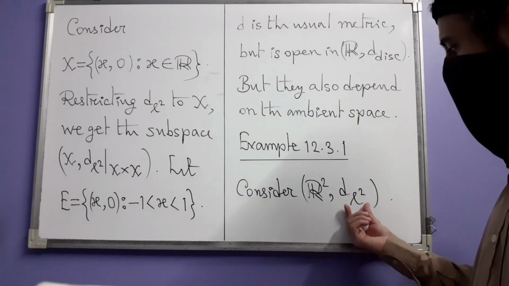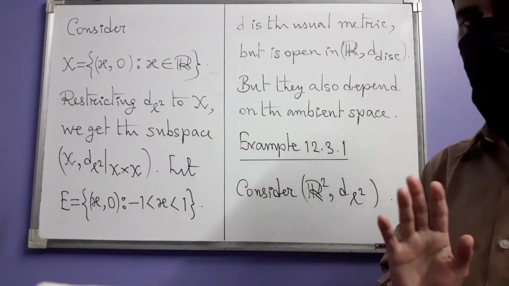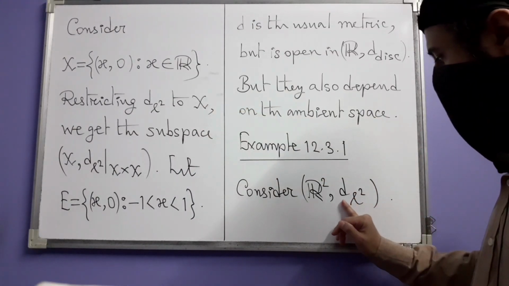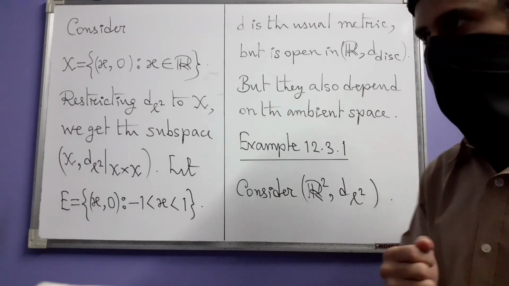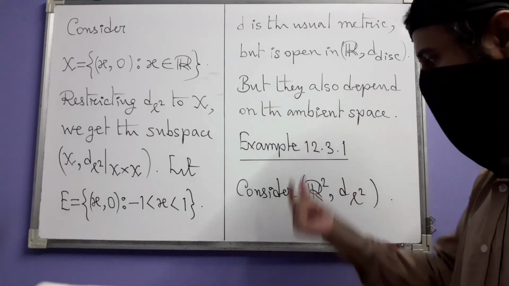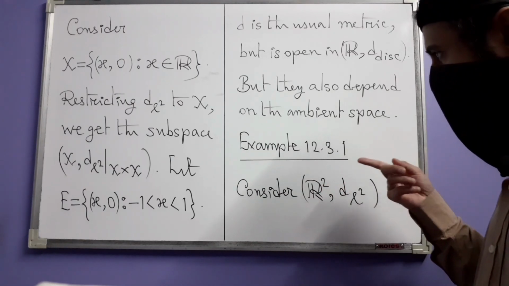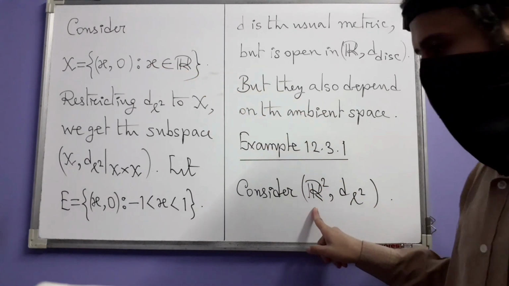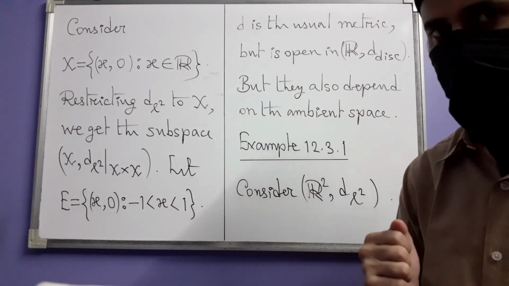Now you can of course restrict this metric to X. What does that mean? Originally the metric DL2 is a function whose domain is the Cartesian product R2 times R2 and range is R. Because X is a subset of R2, X times X is a subset of R2 times R2.